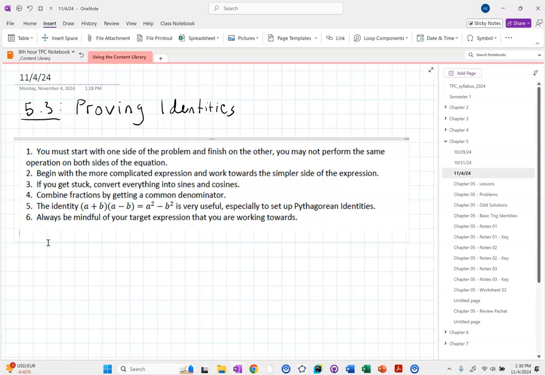To make a decision about which side you want to choose, there is no wrong choice. Okay? But many times, one choice is going to be, quote, harder than the other. In general, you want to choose the side that's more complicated than the other. In my experience, it's typically easier to cancel things out and reduce things down and combine them together to get something simpler than take something simple and break it apart.